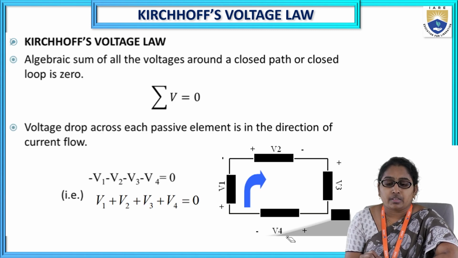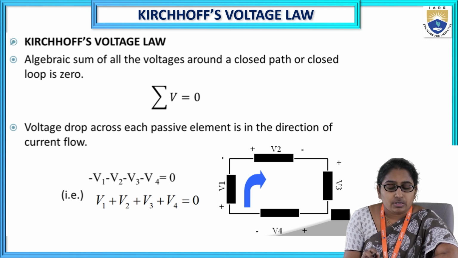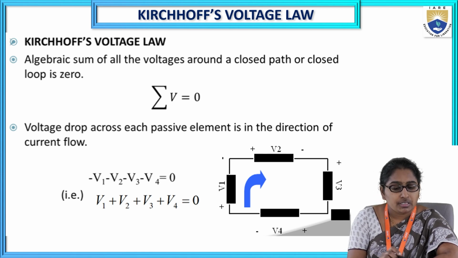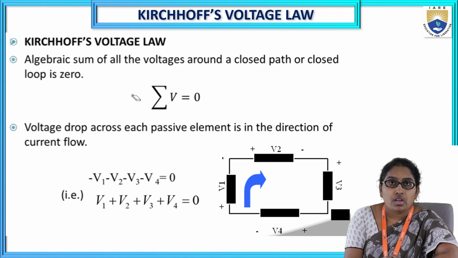Now, next, Kirchhoff's voltage law, KVL. Kirchhoff's voltage law states that the algebraic sum of all voltages around a closed path or a closed loop is 0. Simply, we can say the algebraic sum of voltages in a closed path is 0.